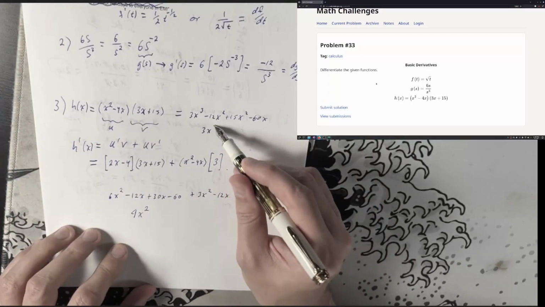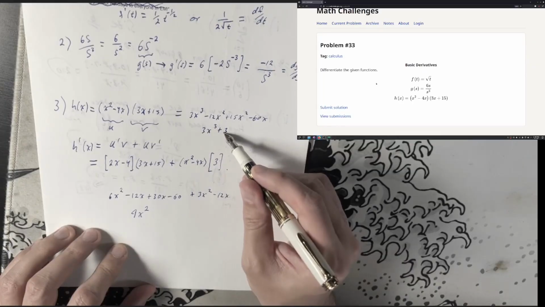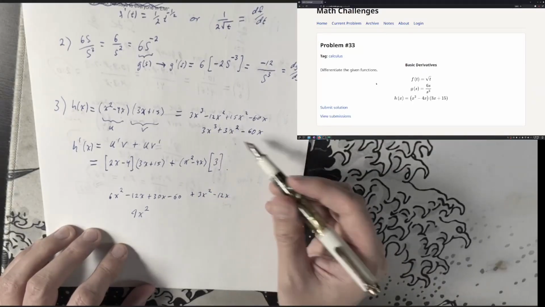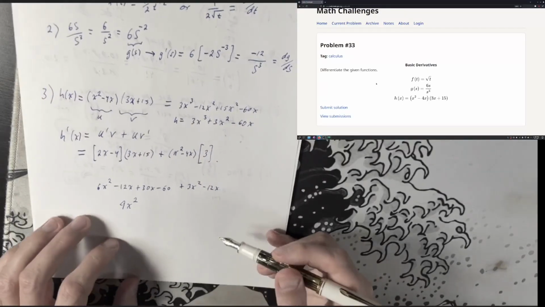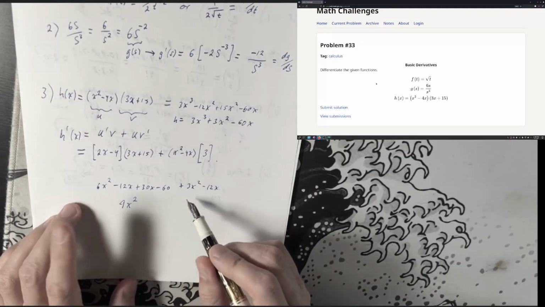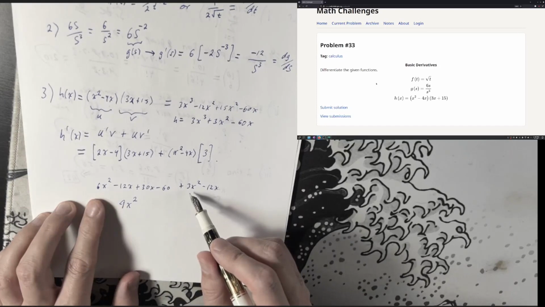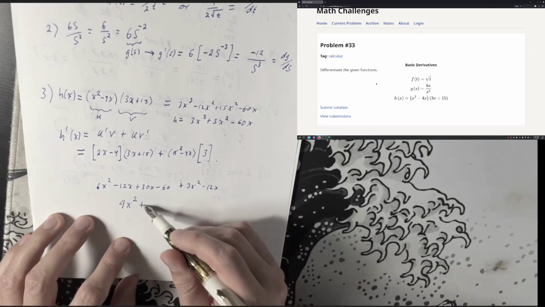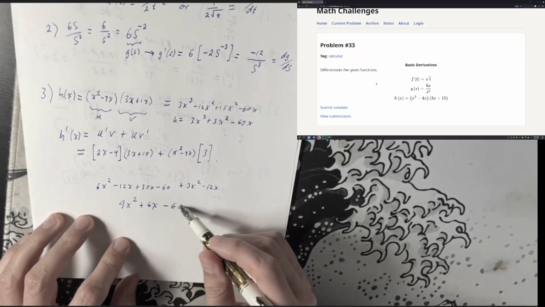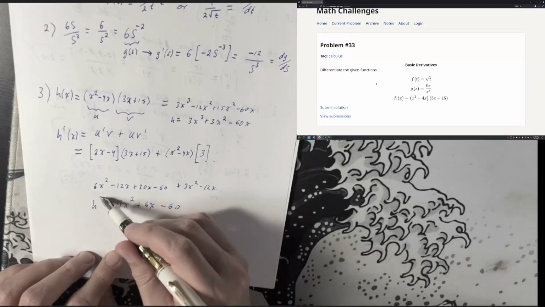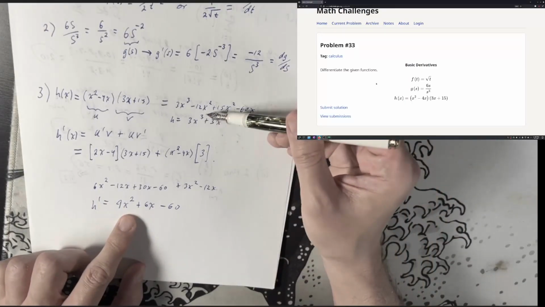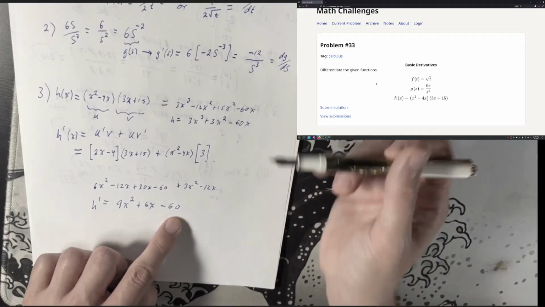So that's 3x squared in the middle, right? That's the original function. And our derivative, 6 plus 3 is 9. The x terms have negative 24 plus 30, so we're getting 6x, and then we get minus 60. And I'm claiming that this is the derivative of this stuff. Yep, 9x squared plus 6x minus 60, so that checks out.